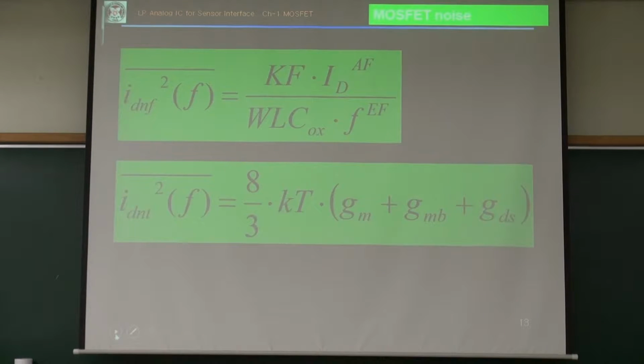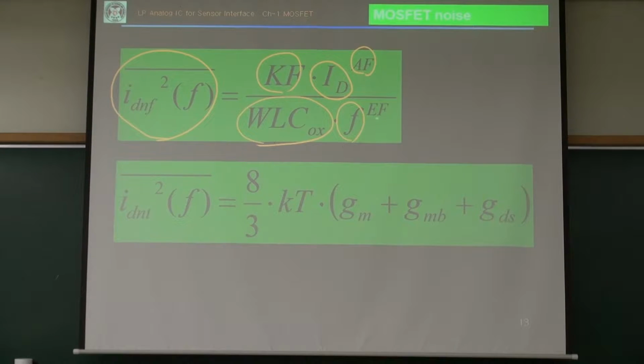So the power spectral density of flicker noise is KF, a model parameter, times drain current to the AF model parameter, divided by W L Cox times frequency to the EF. EF is close to 1. This is the power spectral density of the drain current between drain and source.